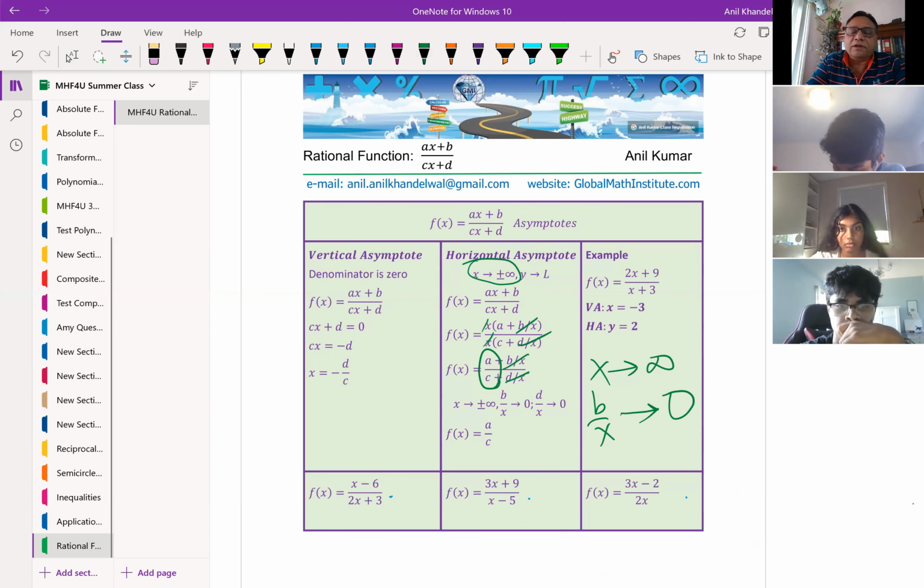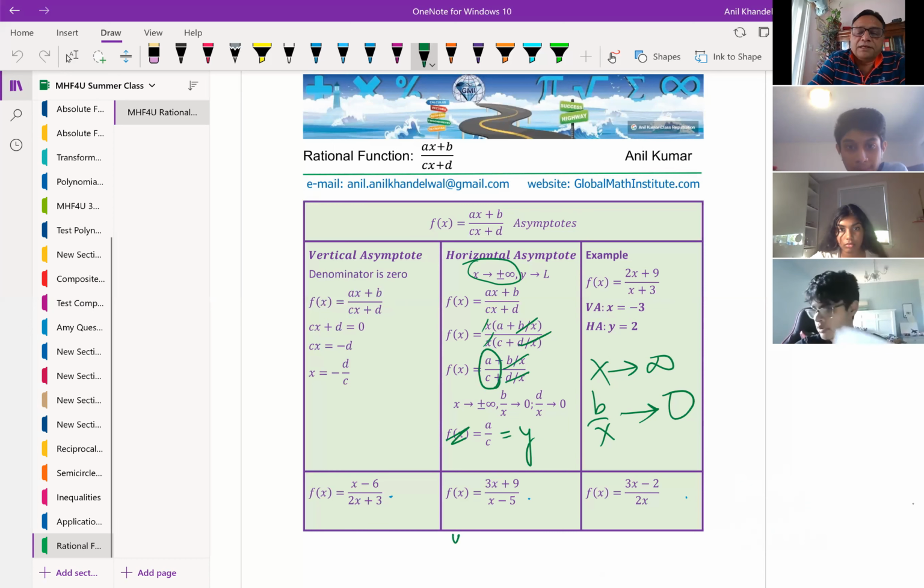So here we have a very good formula to use, that the horizontal asymptote will be a over c. We'll write this as horizontal asymptote y equals a over c, correct? Instead of f of x, I'll write y equals a over c is the horizontal asymptote. Is this clear to you? So my formula is y equals a over c for the horizontal asymptote.